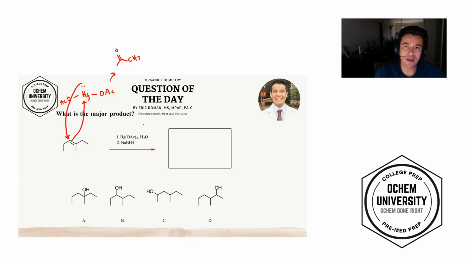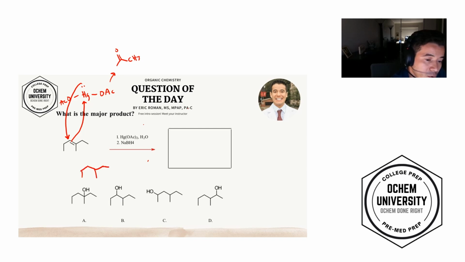If this was a different alkene problem, then of course we potentially could have a rearrangement, but that's one of the benefits of doing our oxymercuration, demercuration: we're going to prevent the formation of a carbocation, thus preventing the formation of any type of rearrangement. And it's because it's going to go through an epoxide-like mechanism, so it's going to form a triangle shape, and so we're going to prevent any kind of carbocation from forming.